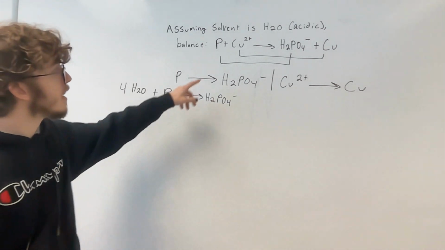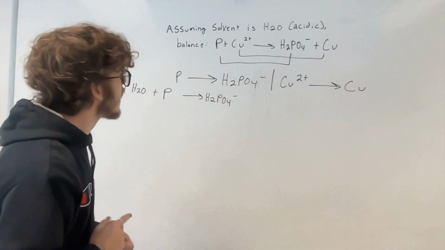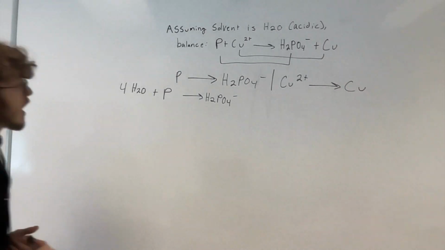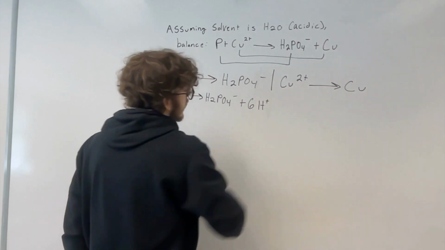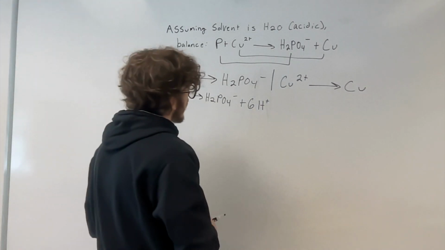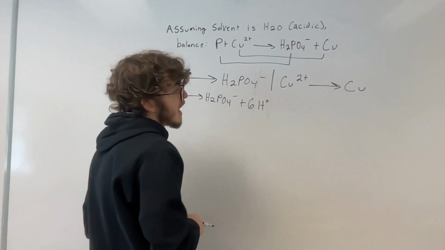So we need to add, and because we're in an acidic environment, we can add hydrogen ions to the mixture. So we want to add 6 hydrogen ions. So that's going to be 6H plus. And another important thing here is notice we have a negative charge. We also need to add electrons.